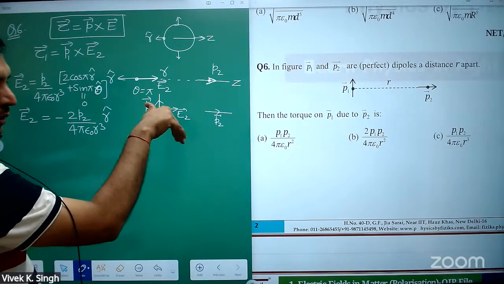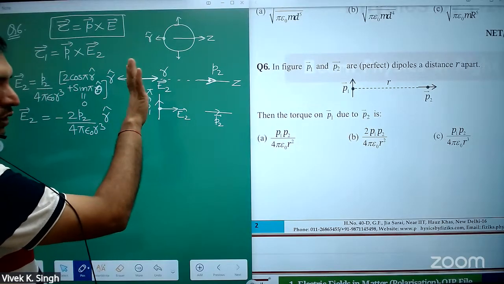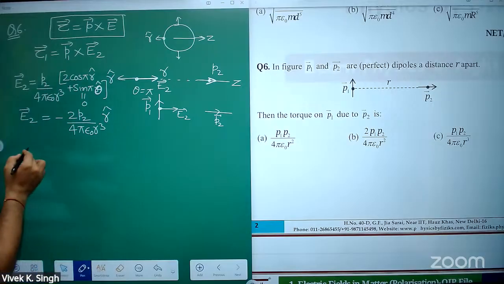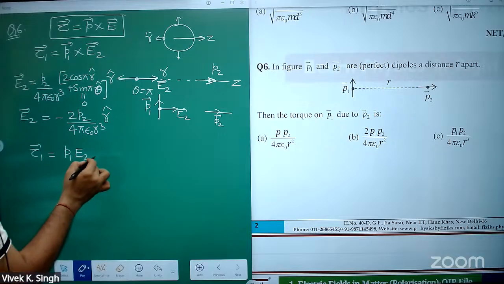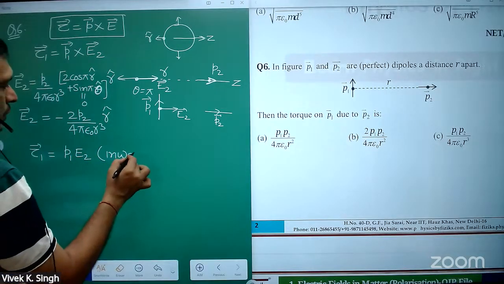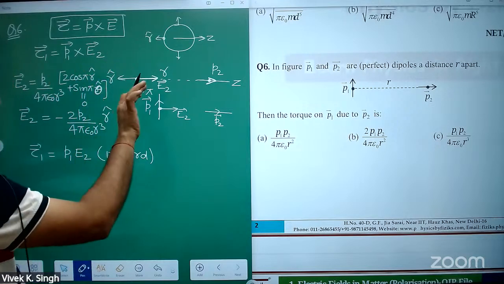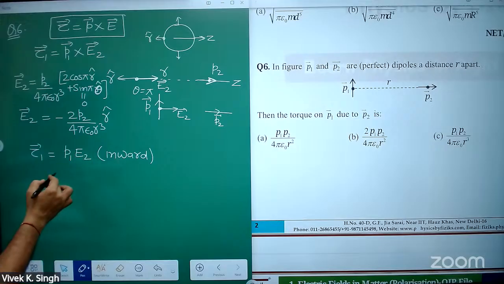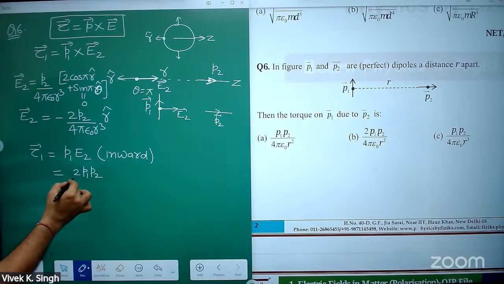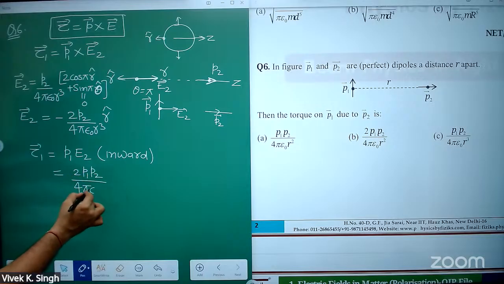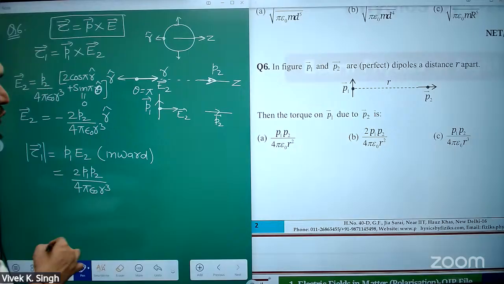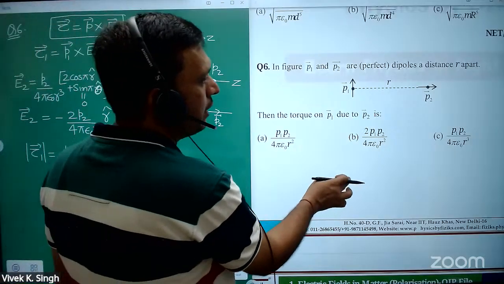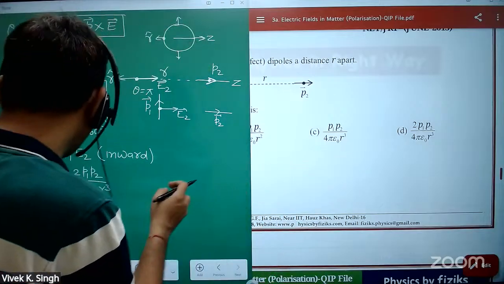The magnitude will be P1 E2 and the direction will be inward, using the cross product of two vectors. So the magnitude of torque 1 is 2 P1 P2 by 4 pi epsilon naught r cube. So option D is correct.